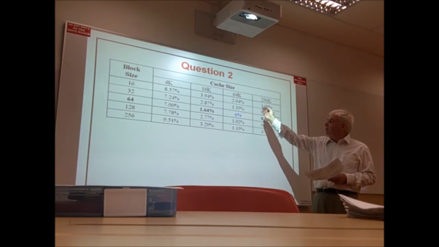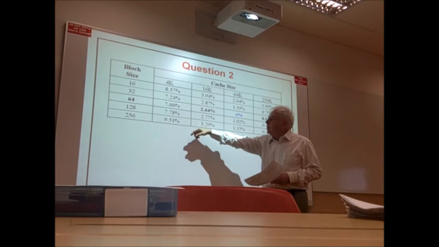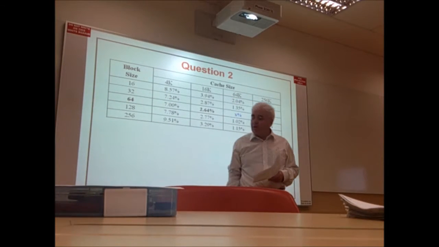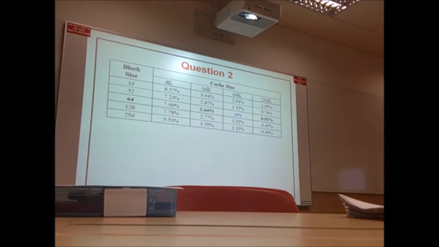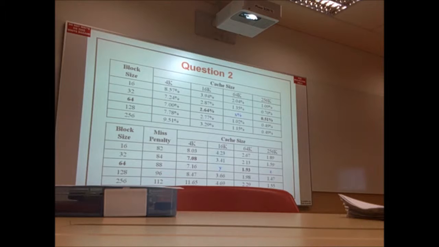So this is the total cache size and this is the block size. So those are the miss rates for these different values of block size and cache size. And then we're also given a second table which is the mean access time.